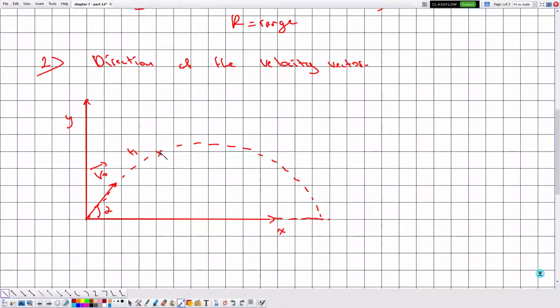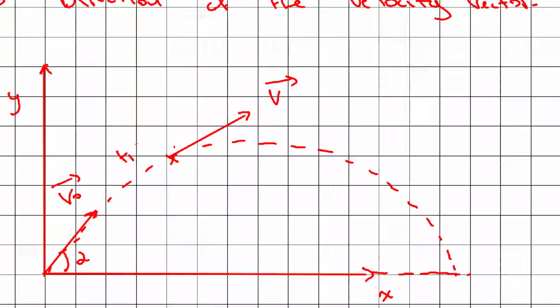Now let's consider this instant to be the instant t1. Then the velocity vector is represented at this instant by this vector v1, or let's suppose it's the vector v, which is tangent to the trajectory.